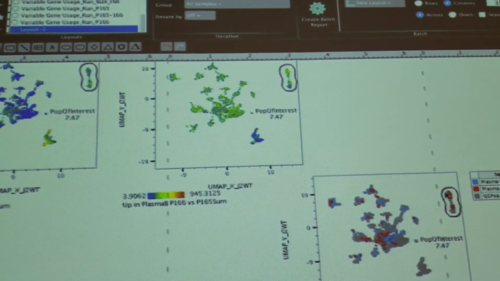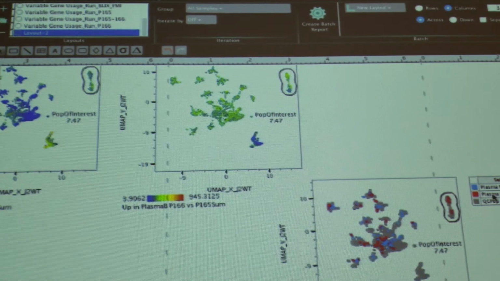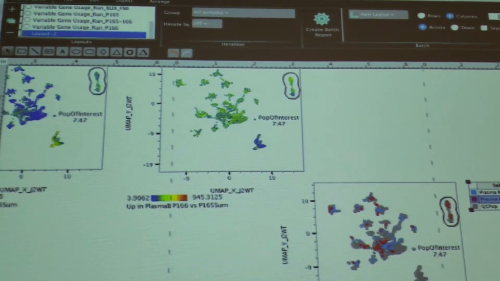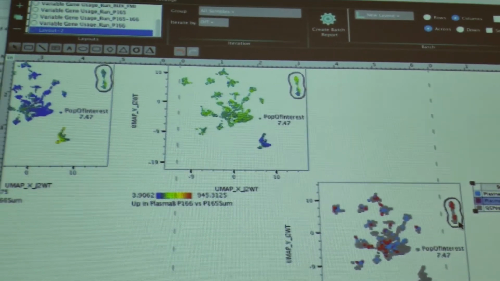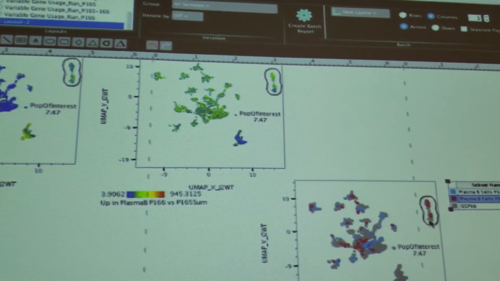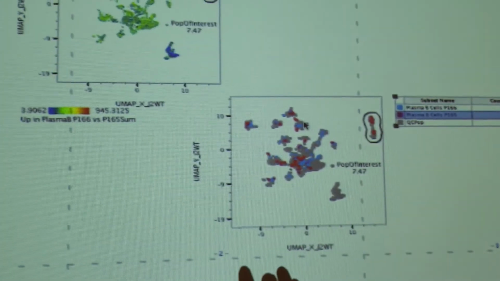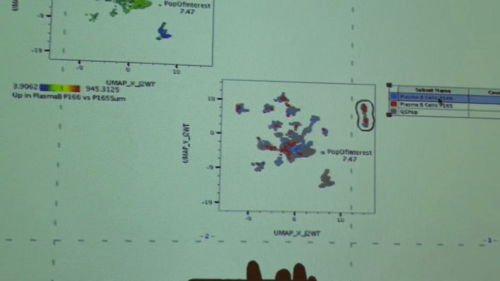It's probably less than 10 cells from this plasma B cell population from patient 165 in that island. Oh, I see. So you're saying the other islands have plasma cells from both? And also, notably, this island, unlike many of these others, contains nothing from patient 166.